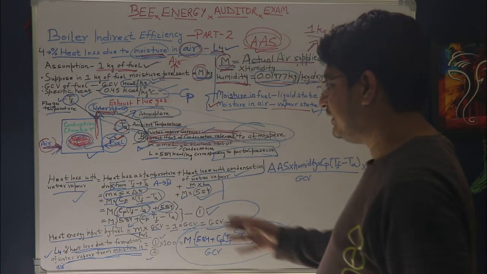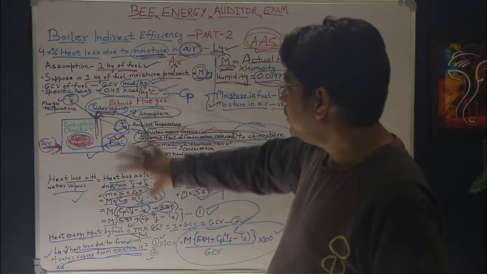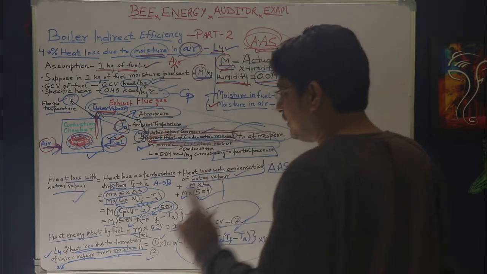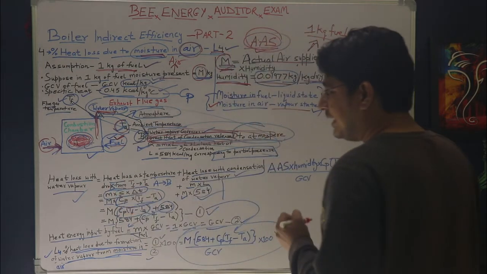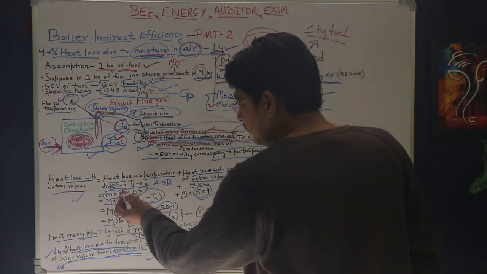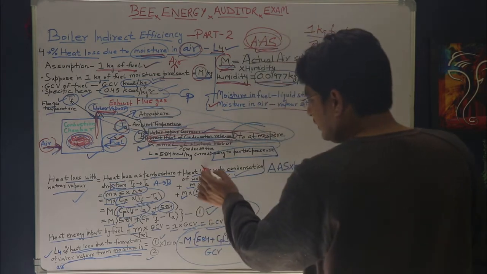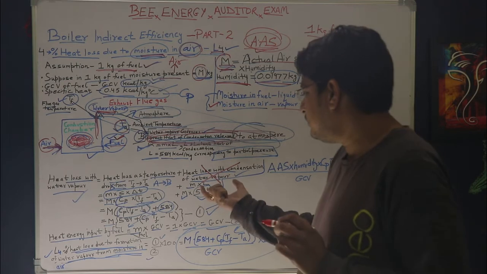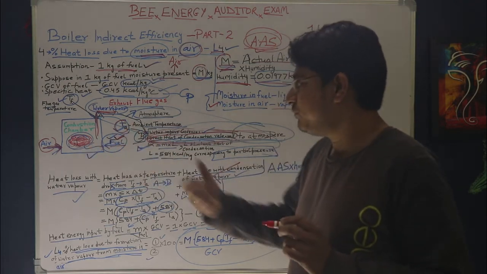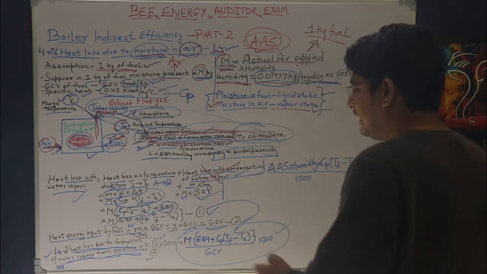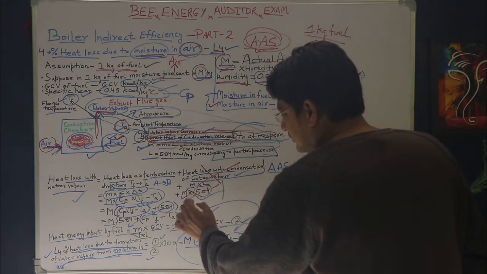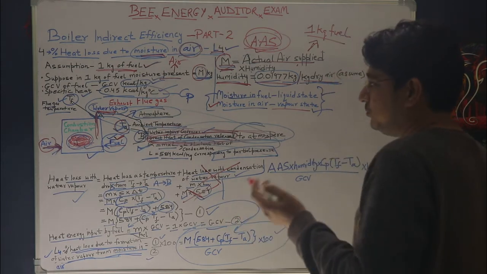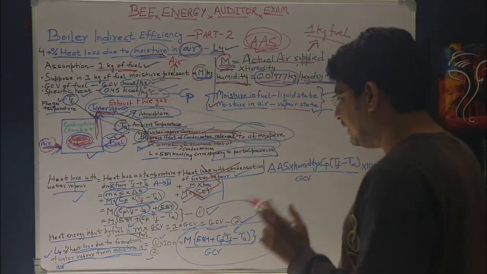So I can say that the heat loss with water vapor due to presence of moisture in air will consist of only one part, that is heat lost as temperature drops from Tf to Ta, and no heat lost will be linked with the condensation of water vapor, because this much heat has not been absorbed from the fuel itself. So accordingly I will ignore this term, because this is not applicable in the case of heat loss due to presence of moisture in air.